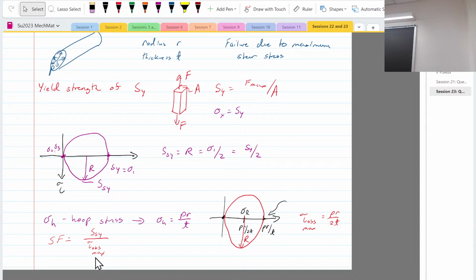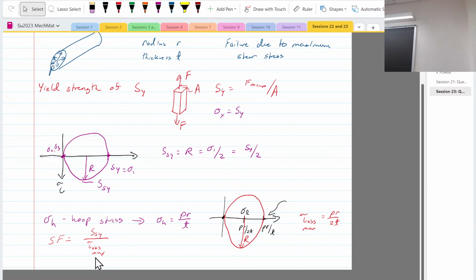If you do PR over 2T, then you have to divide the top by 2 as well, otherwise you get a very high value, because you're comparing shear strengths. So if you divide both by 2, you can leave it, the absolute max and the safety factor. We're given a safety factor.